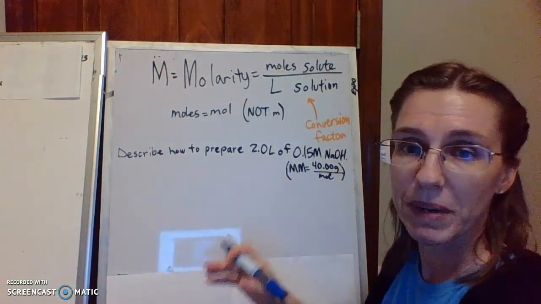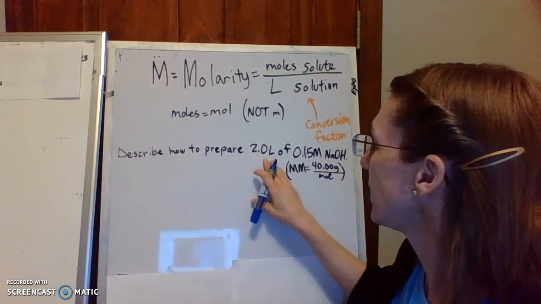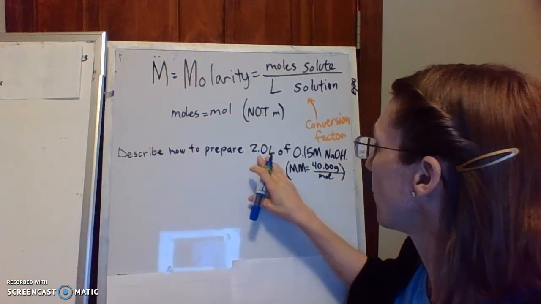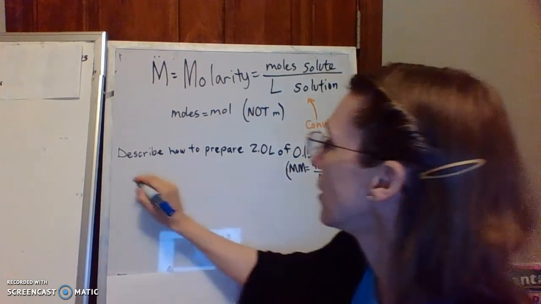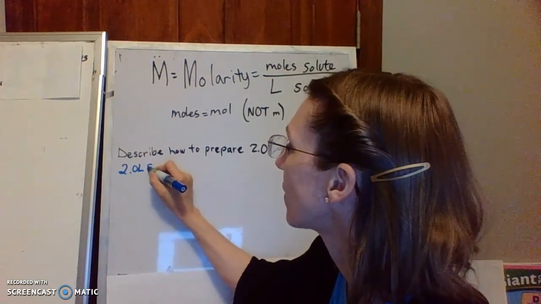I'm going to pull out the information as we get to it. Describe how to prepare a 2-liter solution, so 2 liters of this solution. So the 2 liters refers to the amount of the solution.